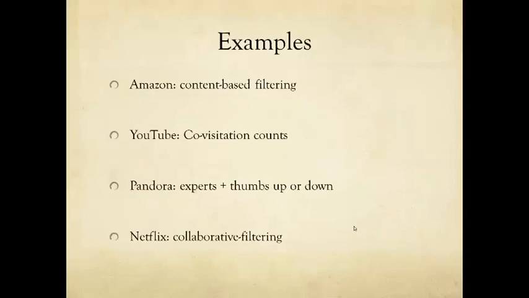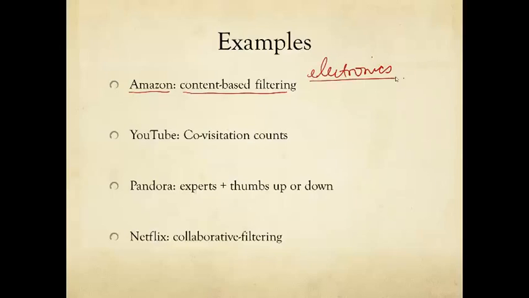Now, there are many kinds of recommendation system. For example, on Amazon, you may notice that each time you refresh the homepage after you log in, they will recommend different kinds of products to you. That's largely based on what's called content-based filtering. Basically, if you purchased certain kinds of products before, like certain kinds of electronics, then they will recommend similar electronics to you in the future.